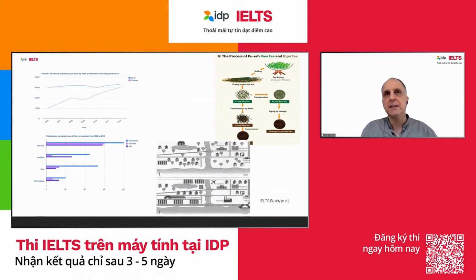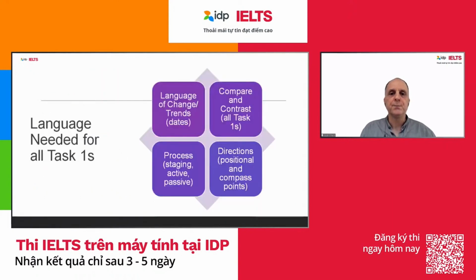Many of you will be taking your tests soon, so hopefully this will be a kind of review if you've done lots of studying for the IELTS for task 1 and task 2. The good news for task 1 is you only need a certain amount of language.